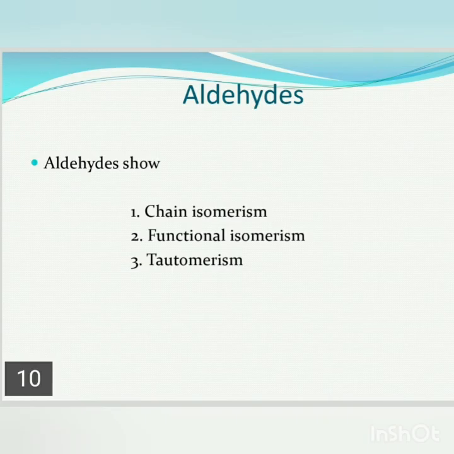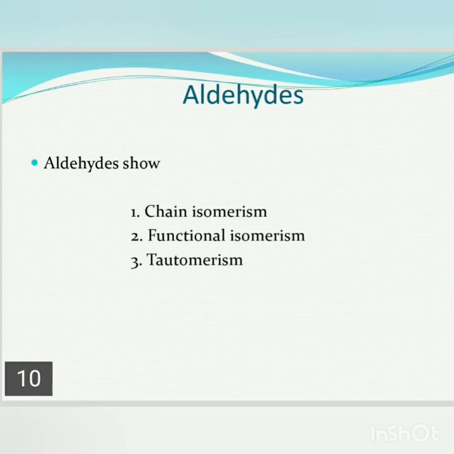But the formula is the same. You see the formula. It has 4 carbon atoms in butanal, and also in 2-methyl propanal there are 4 carbon atoms. And the hydrogen atoms are, here, 3 plus 2 plus 2 plus 1, that is 8 hydrogen atoms and 1 oxygen atom.